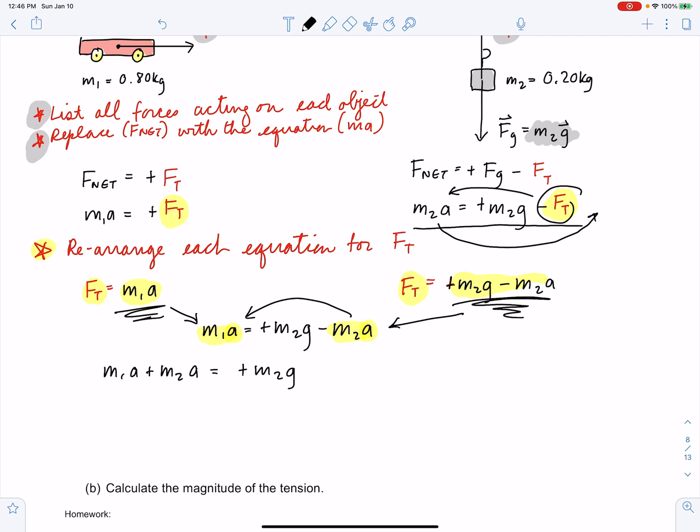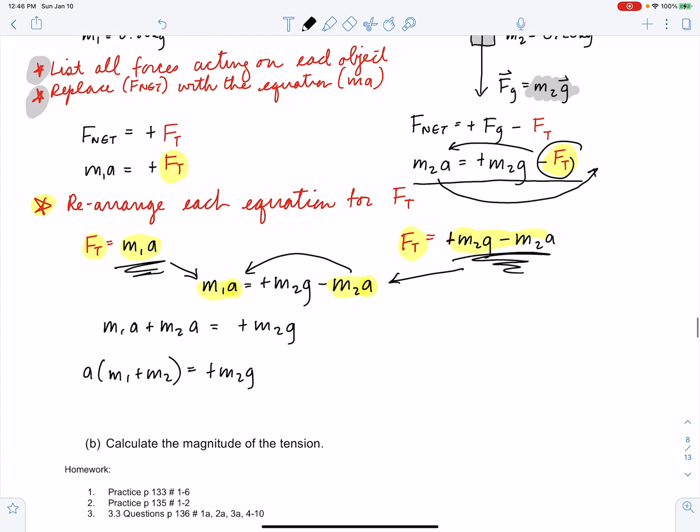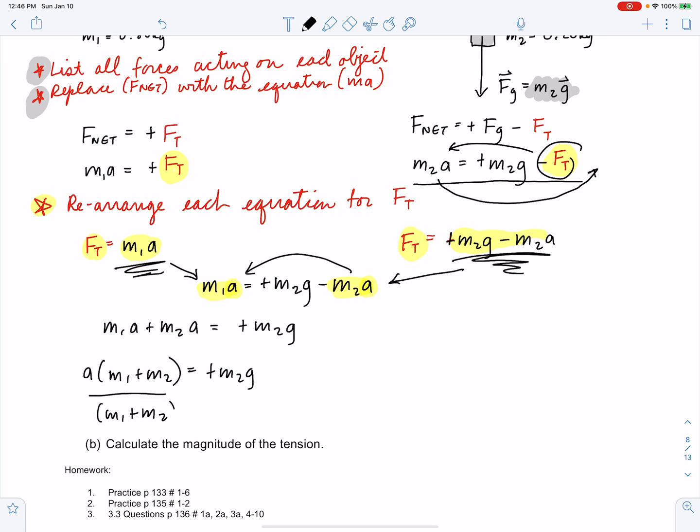The next step is to factor out the A. So we are left with A times M1 plus M2 equals plus M2G. Then divide both sides by M1 plus M2. These will cancel out. We are left with acceleration equals plus M2G over M1 plus M2.